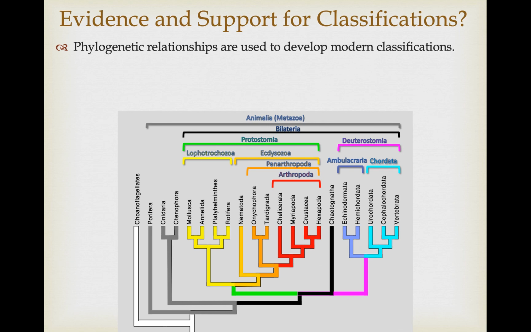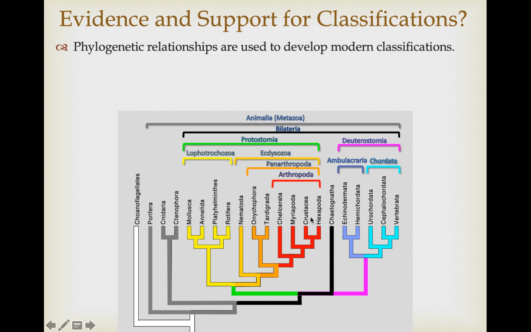So I mentioned that we've used the Linnaean classification system for quite a while. But now we're moving to using phylogenetic relationships and using phylogenetic trees to develop modern classifications and kind of leave off the terms like kingdom and phylum and class and order and just talk about clades. A clade is a branching group that starts from a common ancestor and includes all of its descendants.